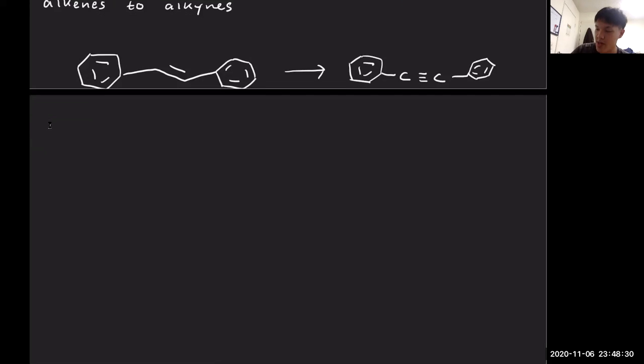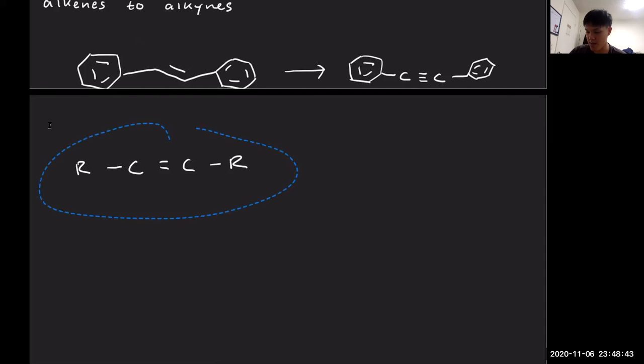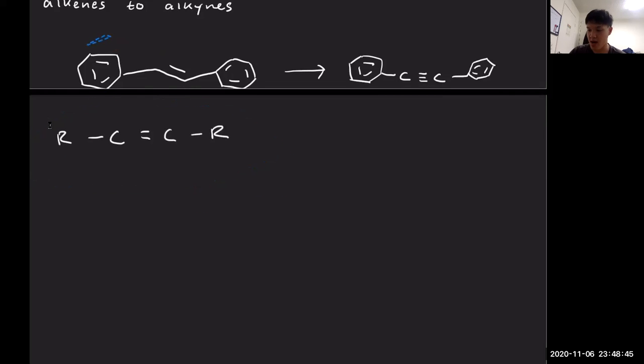I'm just going to call this an R group because I'm really lazy to draw out the thing. But I have this reactant right here, the R group representing the benzene ring.